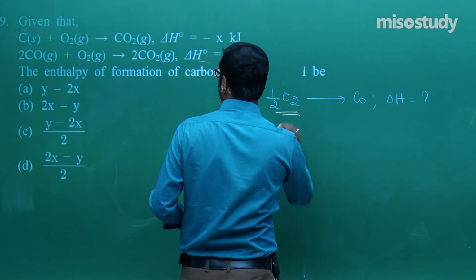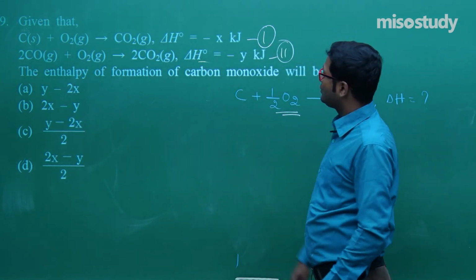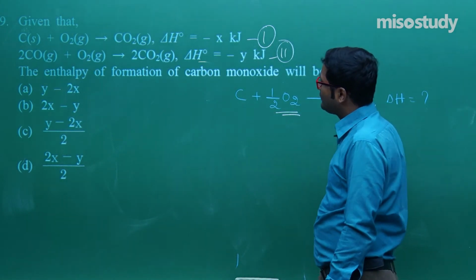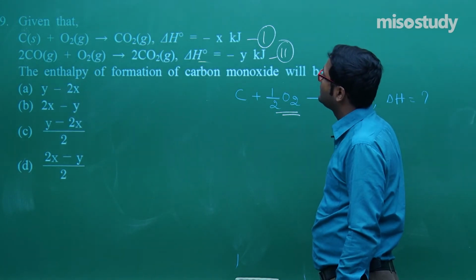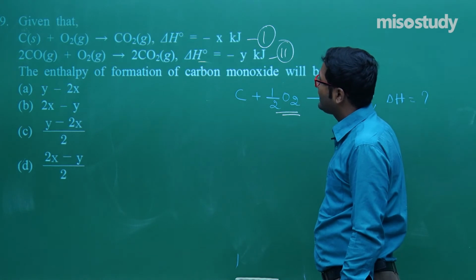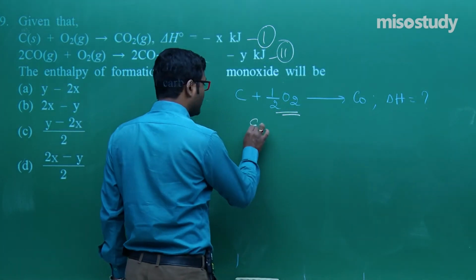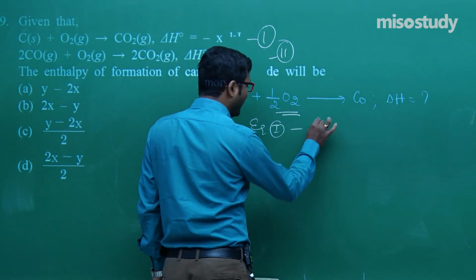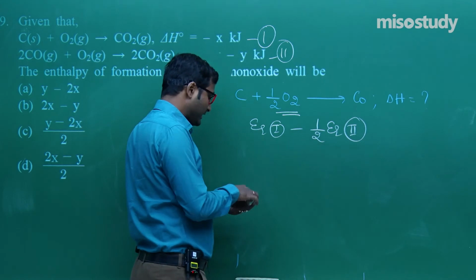Then what to do? Take this as equation 1 and this as equation 2. Now what will happen? If I subtract equation 2 from equation 1, or if I write equation 1 minus 1 by 2 equation 2, let's check it out. What is equation 1?